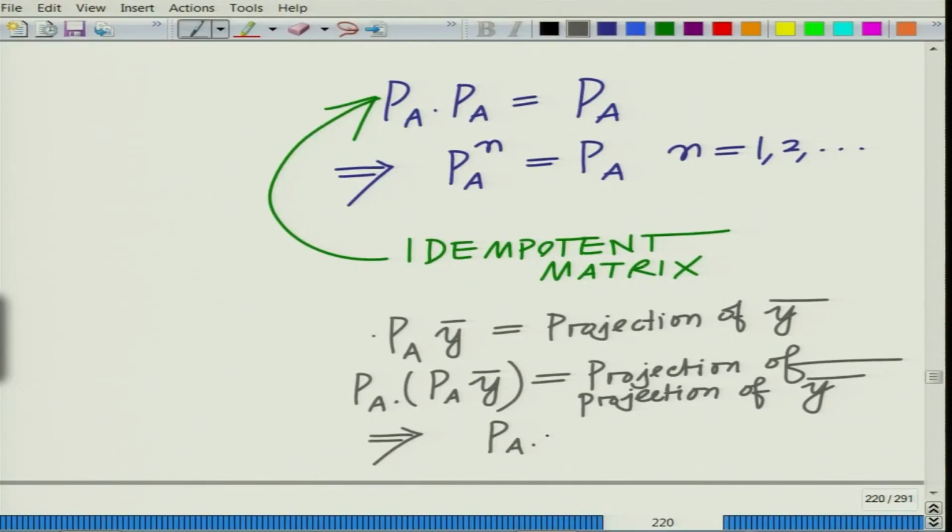If you multiply PA into y bar and multiply it again by PA, the vector should remain unchanged because it already lies in the subspace spanned by the columns of A. Therefore PA into PA into y bar equals PA into y bar for all y bar, which naturally implies PA square equal to PA.